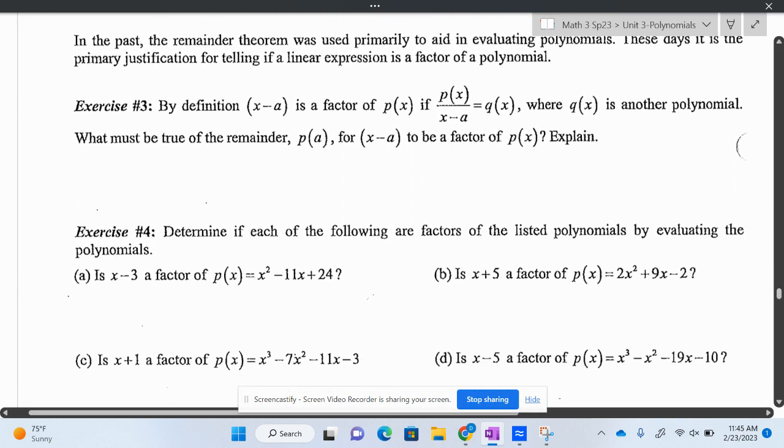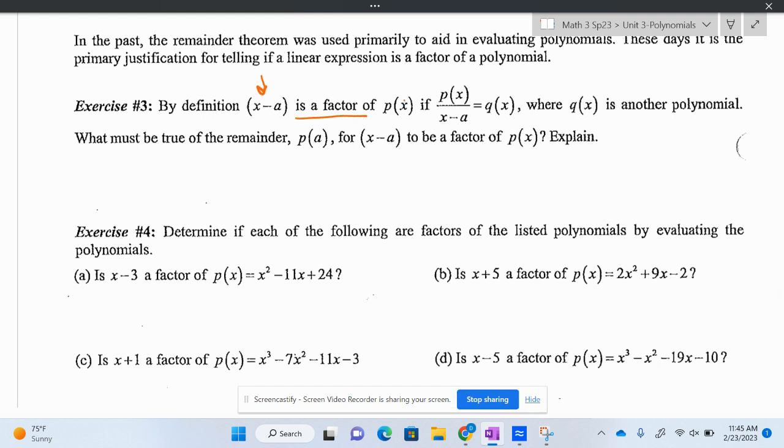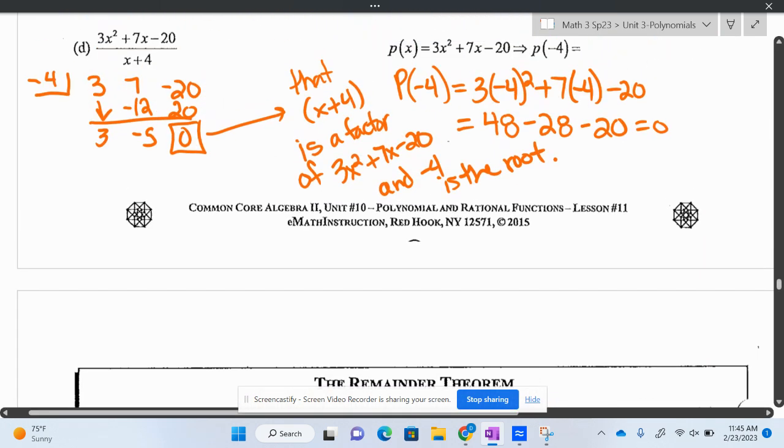So it says, by definition, the binomial that we're dividing by is a factor of the polynomial if, when we divide the polynomial and we get our quotient, our remainder is what? What happens to our remainder? Okay, so go back here.